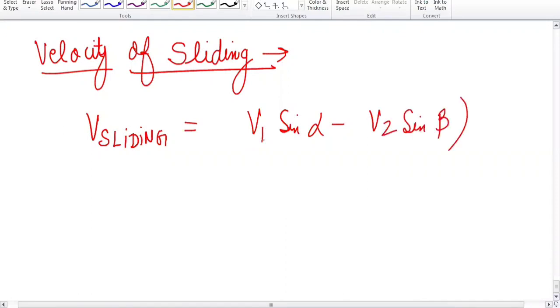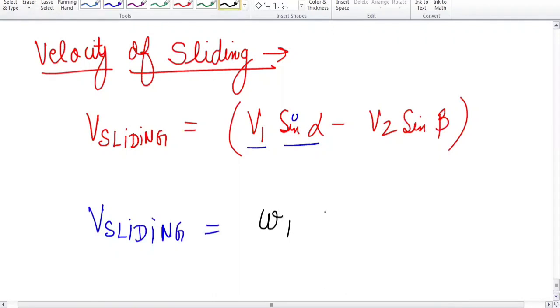After a small derivation, which has no other use, I put V1 equal to R1 omega 1 sine alpha, and after a little calculation we get the velocity of sliding formula which you need to remember, because the examiner used to ask it every time. It is very simple: omega 1 plus omega 2, and the distance he used to provide, the QP distance.